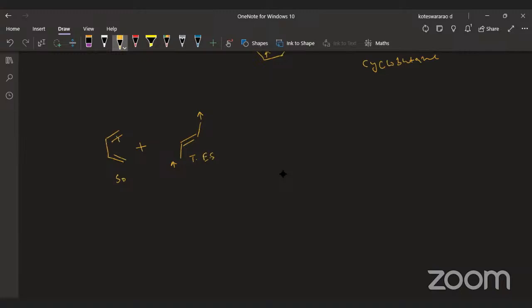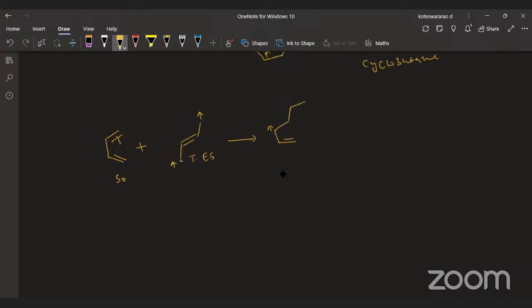Now this bond will be homolytically cleaved. That leads to one electron unpaired here. Now this carbon is bonded to here.